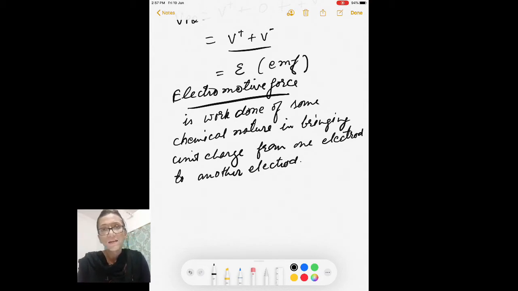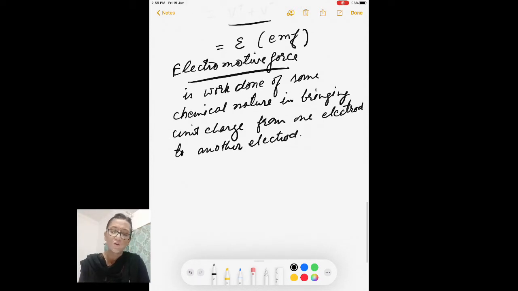Why have I deleted negative charges? Because in an electrolyte both kinds of ions flow, positive ions as well as negative ions. So you should mention that it is work done in bringing unit charge from one electrode to another electrode. Okay.